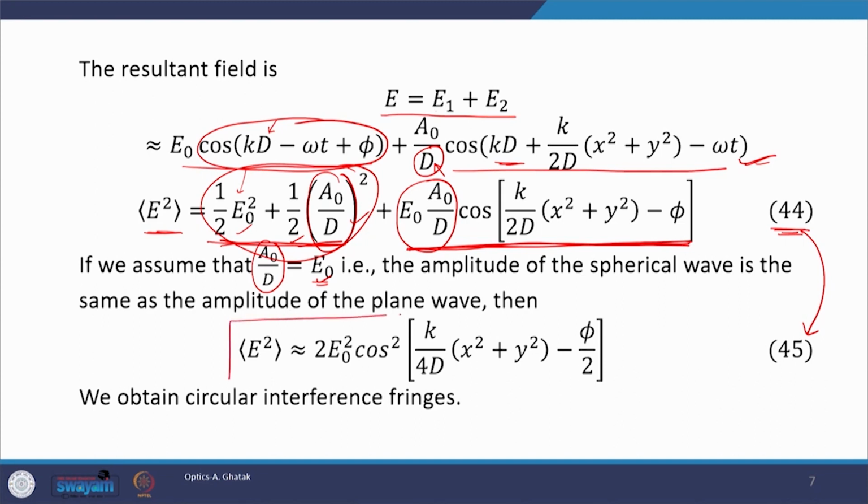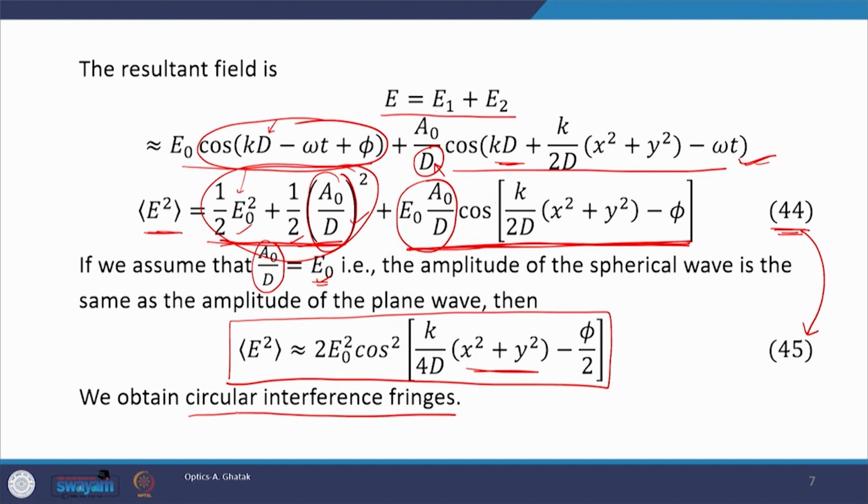Just by looking at this expression, you can see that it is symmetric in x square plus y square, which forms a circle in the phase part. Therefore, we will obtain circular interference fringes. Just by looking at equation number 45, we can guess this. If you vary x and y, then you will rotate on a circle.